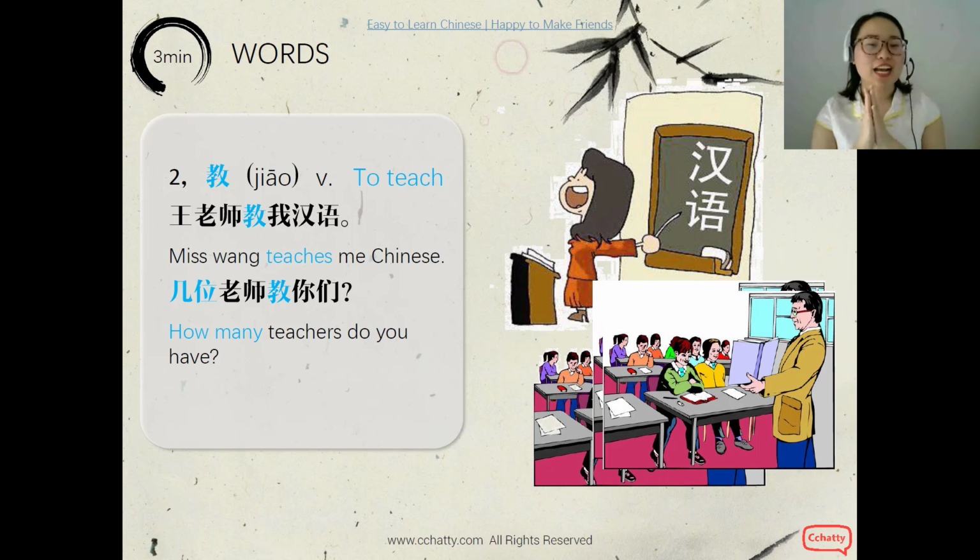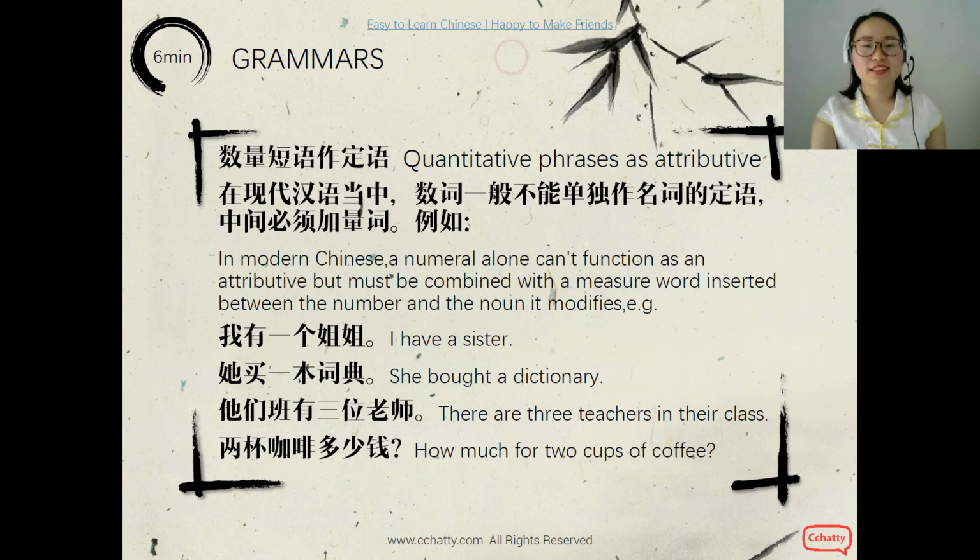Okay, 非常好。几位老师教你们？Okay. So now there's a special thing you need to pay attention to, like the number. The number phrase is used as an attributive, and then the number can't be used with the noun together directly.